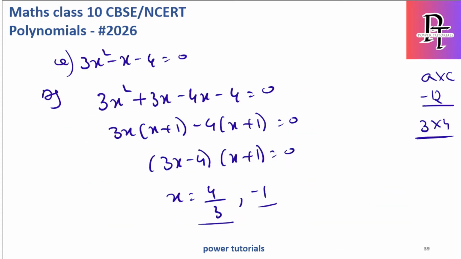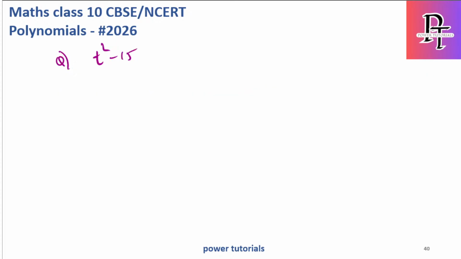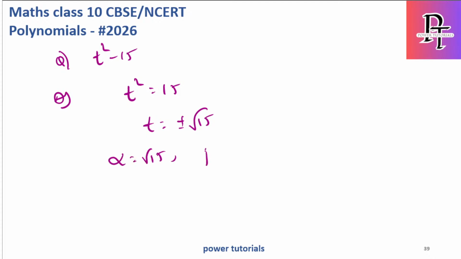I'll solve it here. This is an easy question. Why? Because we can simply write t square is equal to 15, and the t value is plus or minus root 15. So the alpha value is plus root 15 and the beta value is minus root 15. These are the zeros.